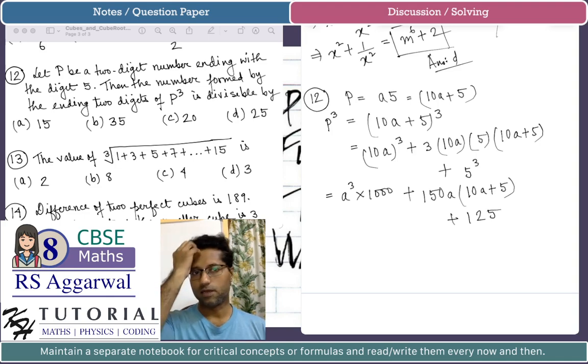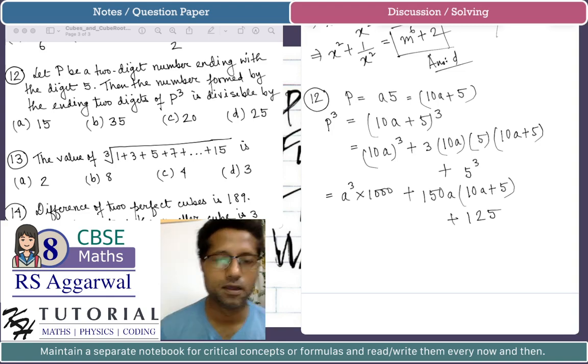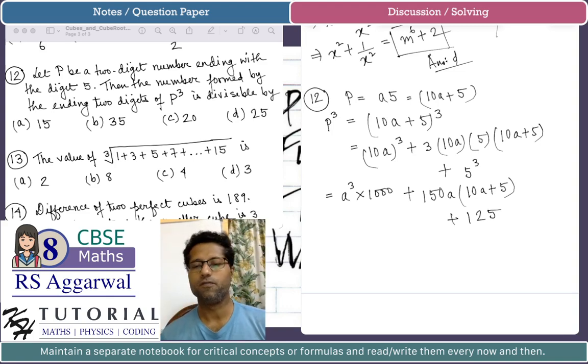We have to find the last two digits. What can the ending two digits be of P cube? Whatever the ending two digits will be, that number formed by those two digits is divisible by, we have to find that.